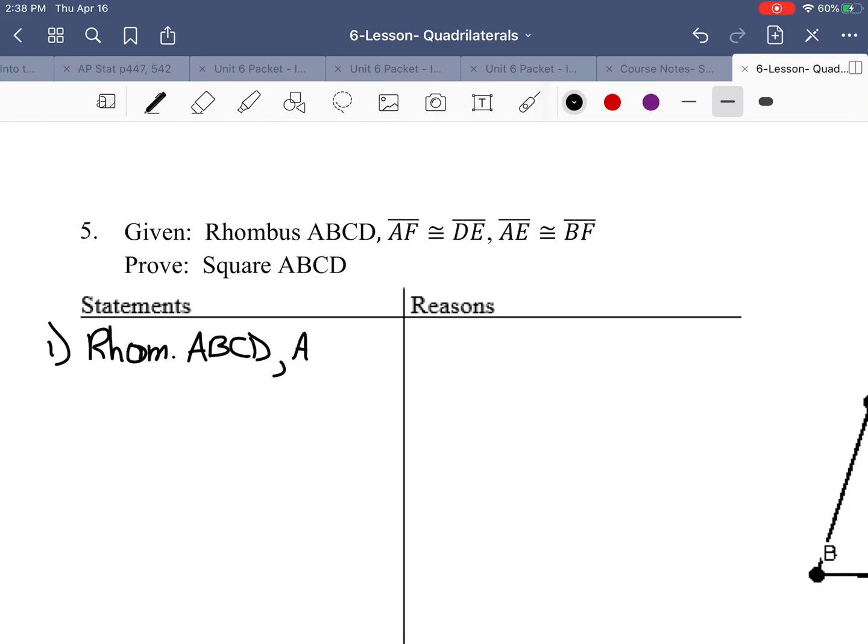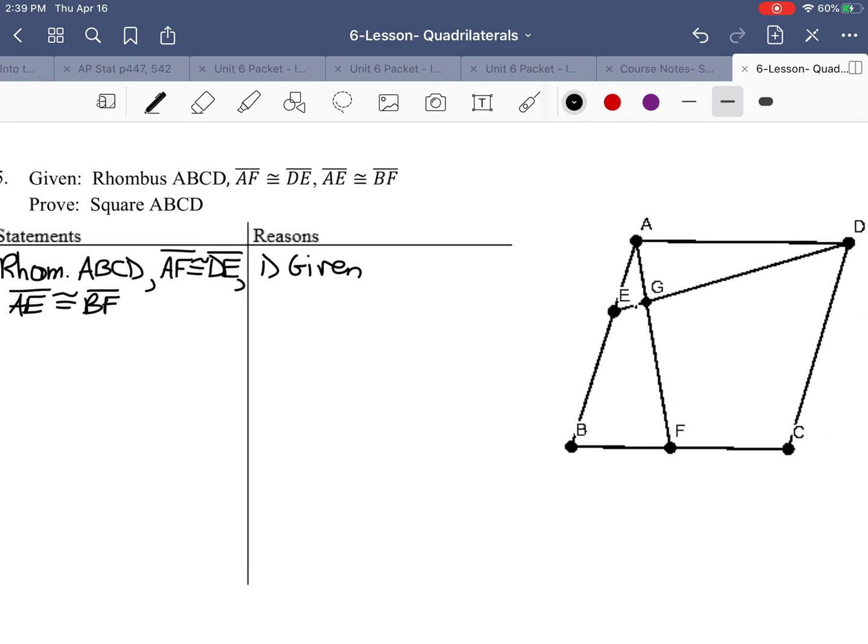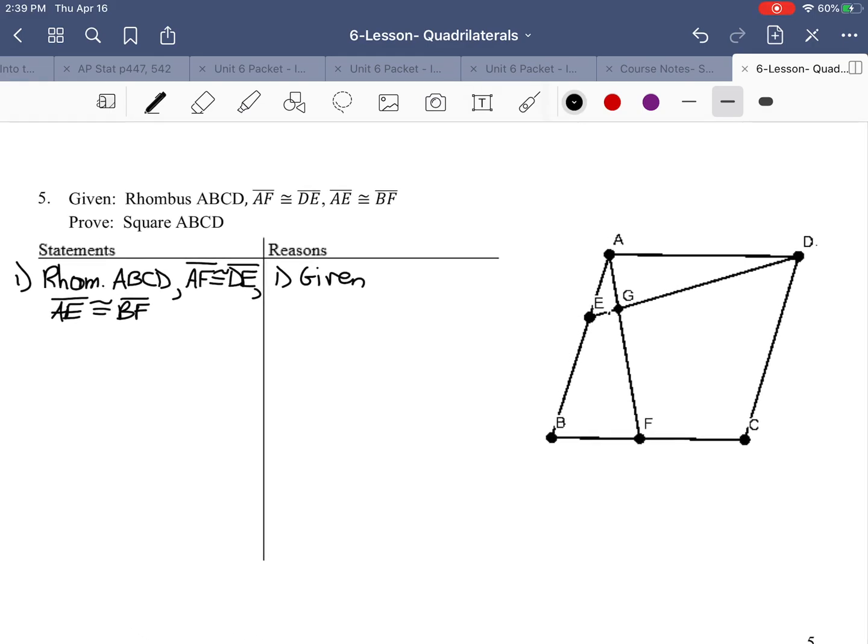We also know that AF is congruent to DE. And we know AE is congruent to BF. And we need to prove that this is a square.